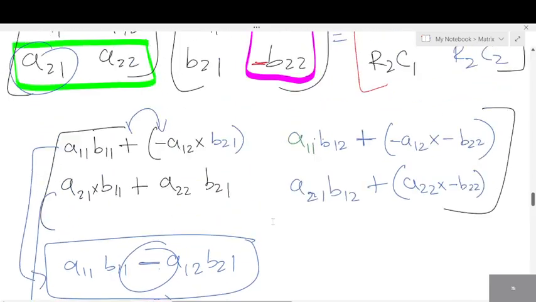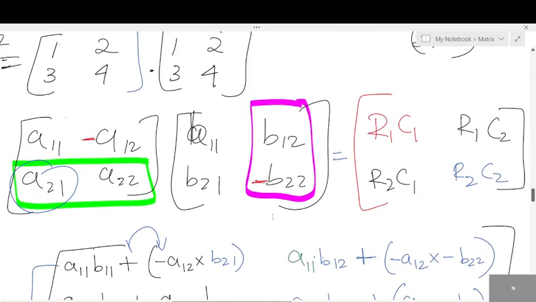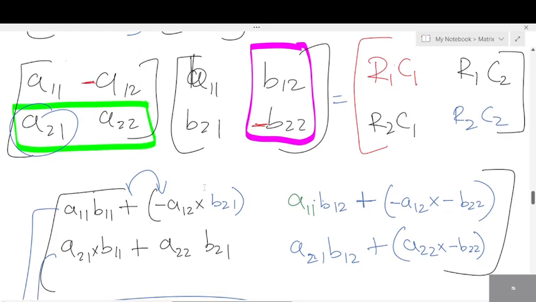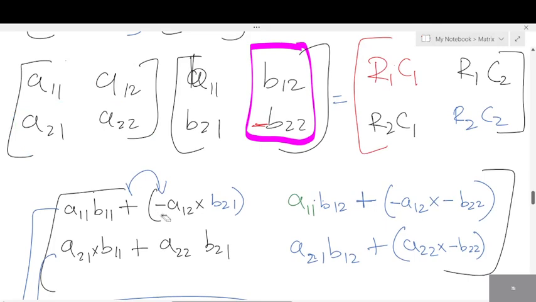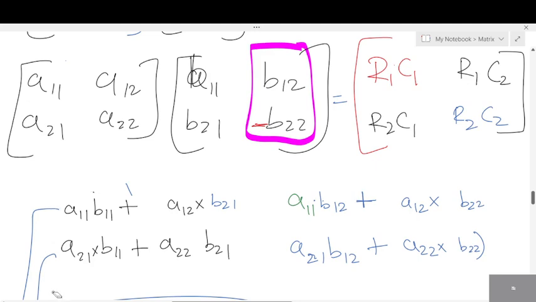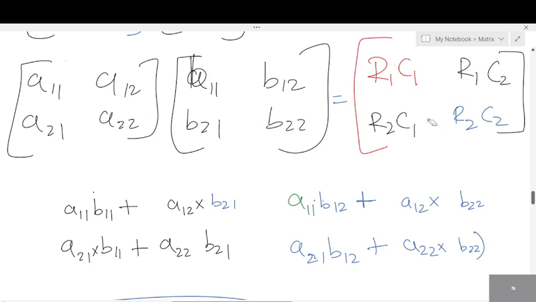Shall we try solving the questions? Any doubts in this? Just go through this, students. Go through this, write these things. Ignore minus here, ignore minus. Yes, make a note of this. This is the formula. I want all of you to write it.